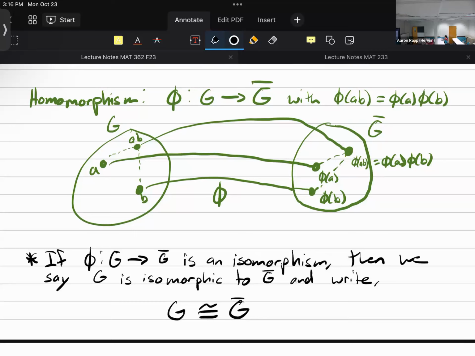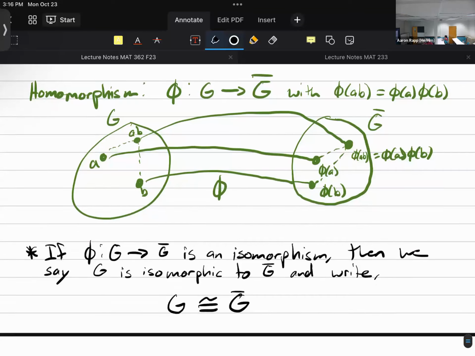Yeah. So if there's an isomorphism, it didn't say it has to be a specific isomorphism, or only one or multiple isomorphisms. As long as there's an isomorphism between these two groups, I can call them isomorphic.